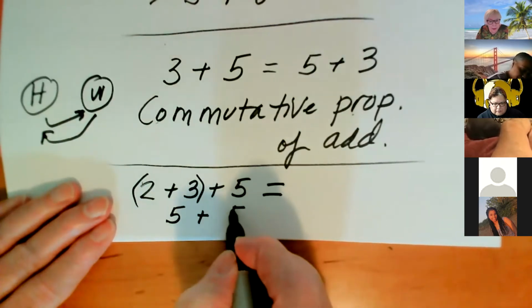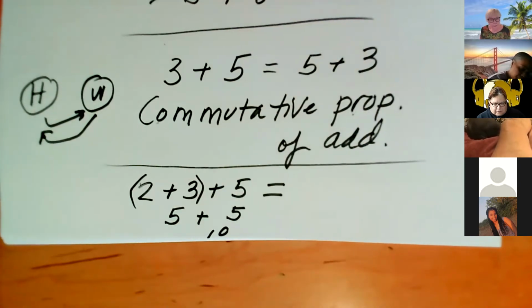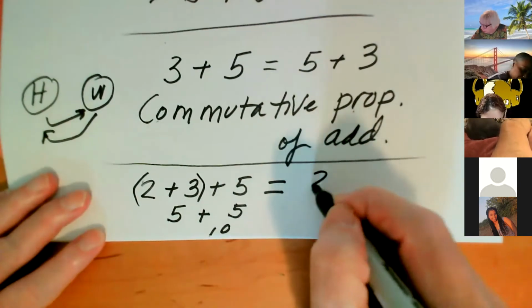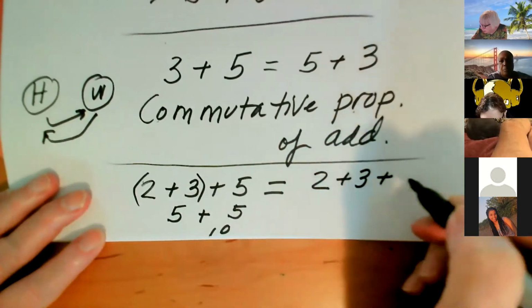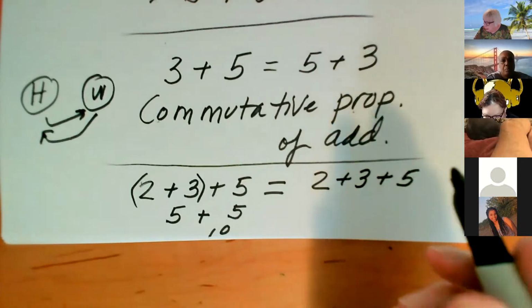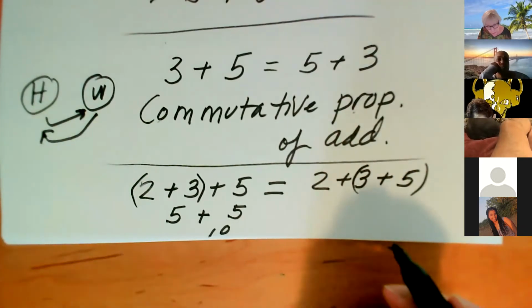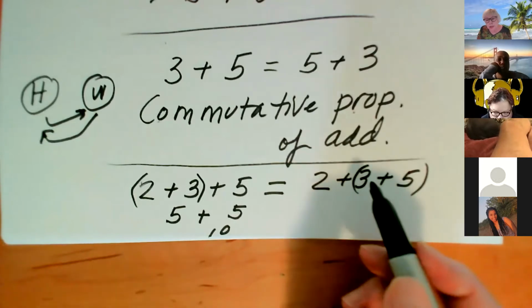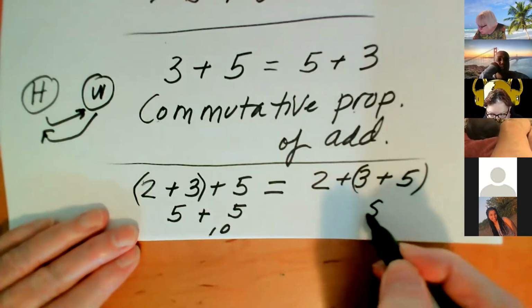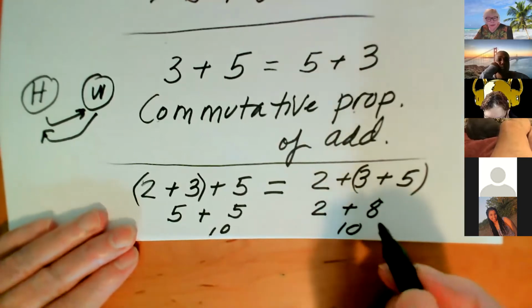And then finally, I'll add the 5 at the end, and my answer is 10. But you know what? Taking the same 3 numbers in the same order, by the way, I could choose to add these 2 first. So 3 and 5 is 8. And then the 2 at the front becomes 10.